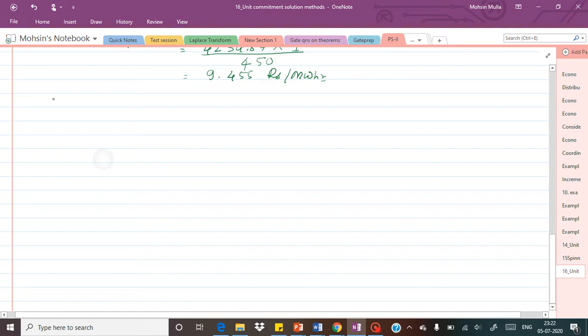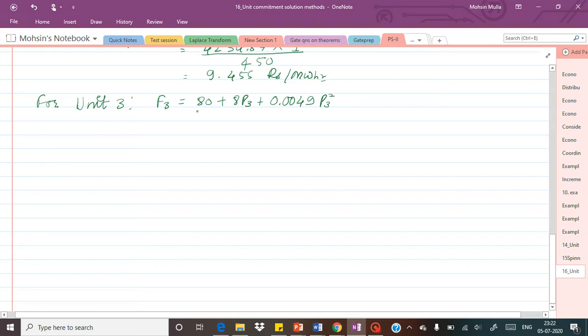Next is for unit 3, F3 equal to 80 plus 8 P3 plus 0.0049 P3 square.